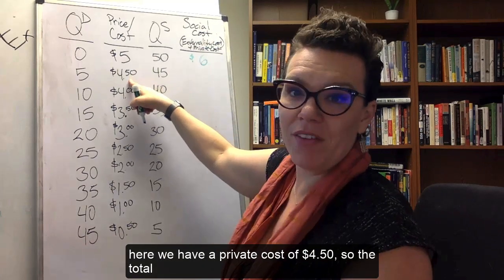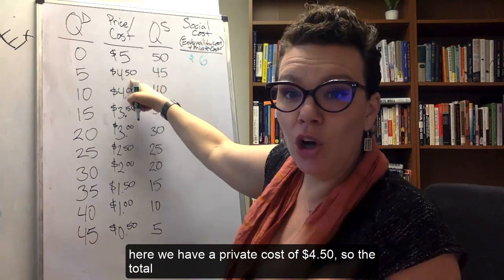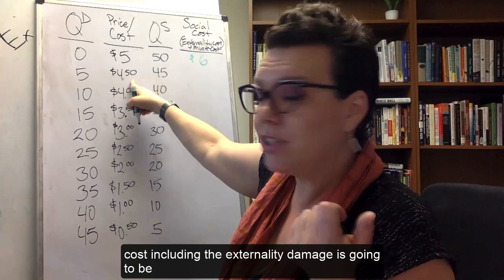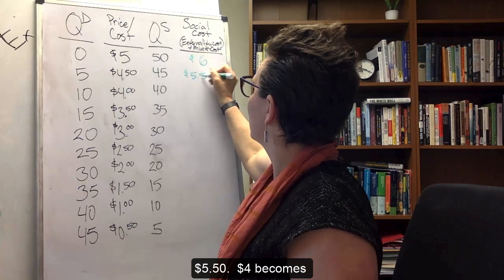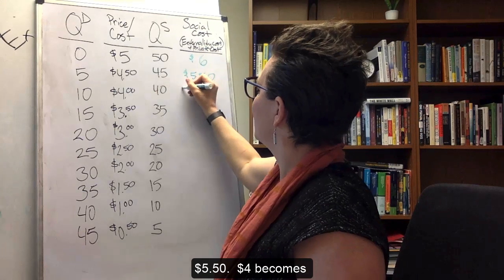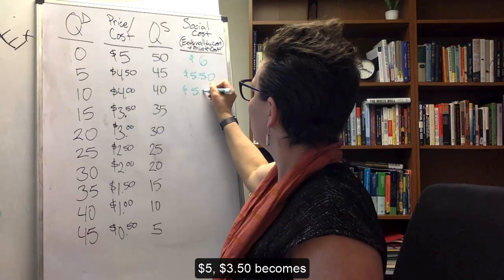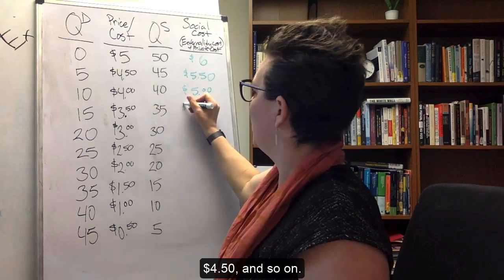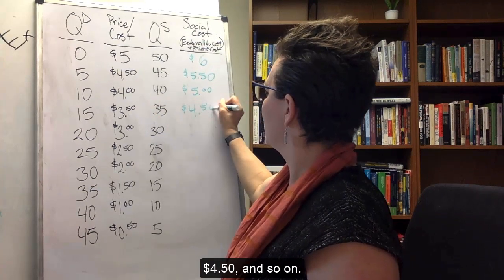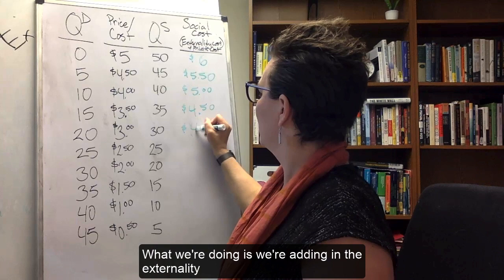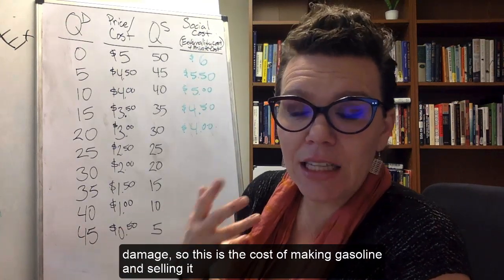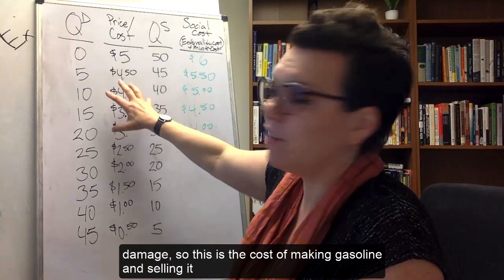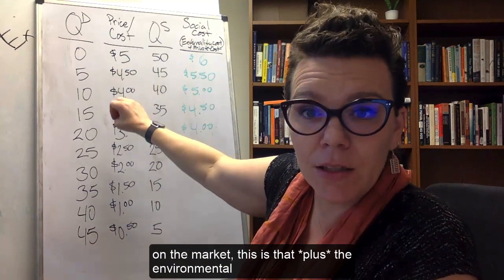Here we have a private cost of $4.50. So the total cost, including the externality damage, is going to be $5.50. $4 becomes $5. $3.50 becomes $4.50, and so on. What we're doing is we're adding in the externality damage. So this is the cost of making gasoline and selling it on the market.